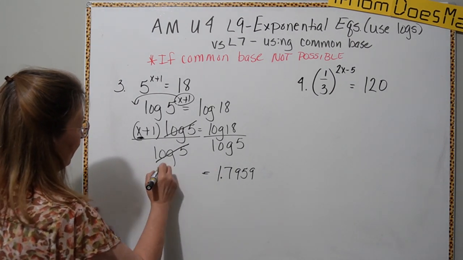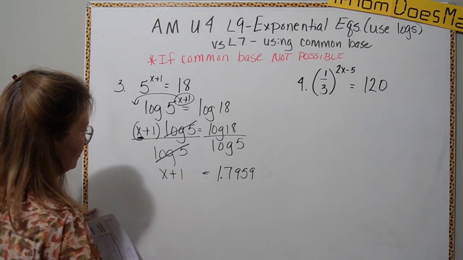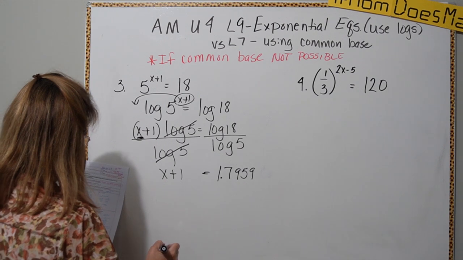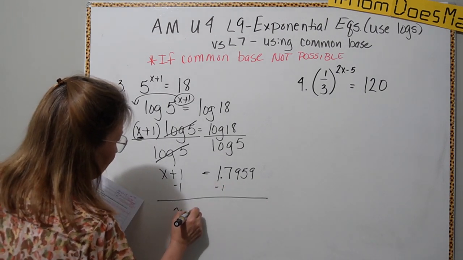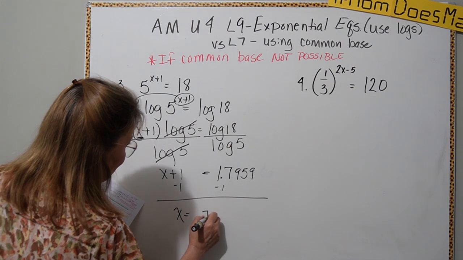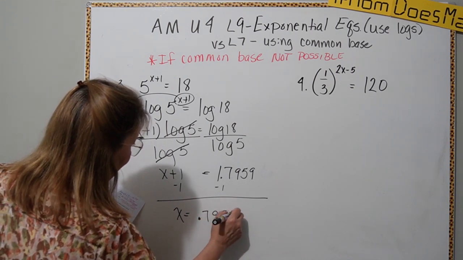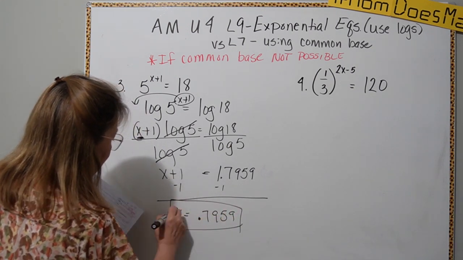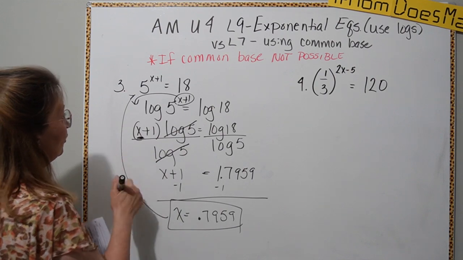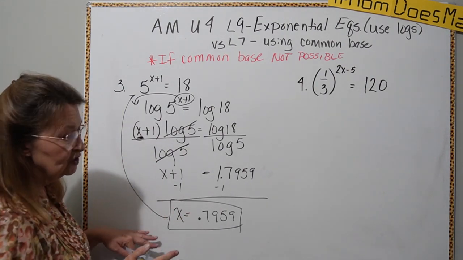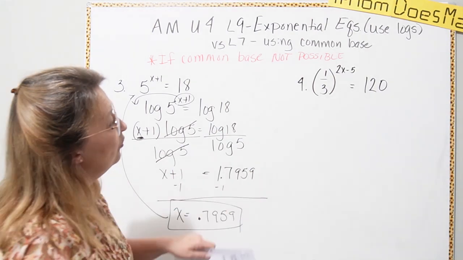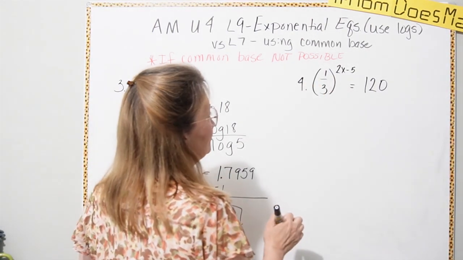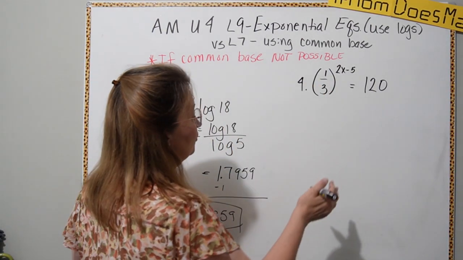Over here, I now have x plus 1. When I subtract 1 from each side, I'm left with x is equal to 0.7959, and plugging that back into my original equation and using a calculator will show me that that is the correct answer.